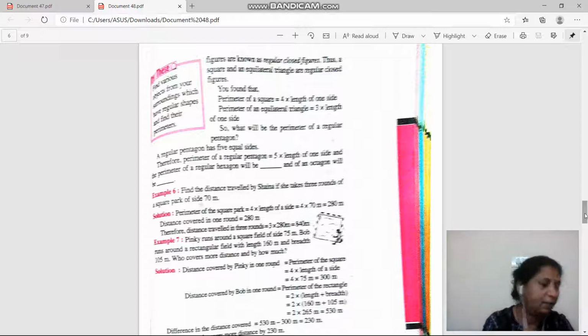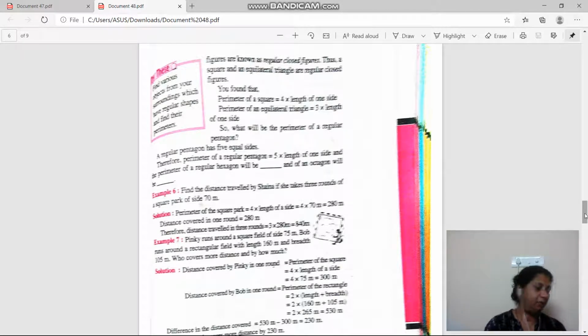Now see, one is 300 meter and the other is 530. Who covers more? Definitely 530, and by how much? 530 minus 300 we get 230. Therefore Bob covers more distance by 230. Is it right? Has everyone understood this example? Fine. We will see the next example.